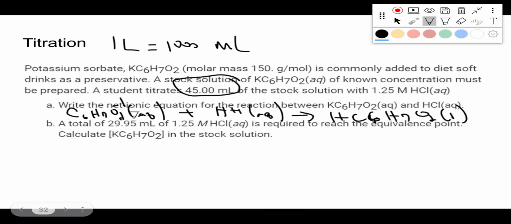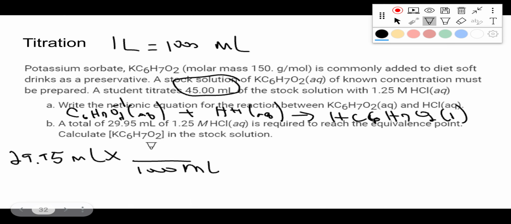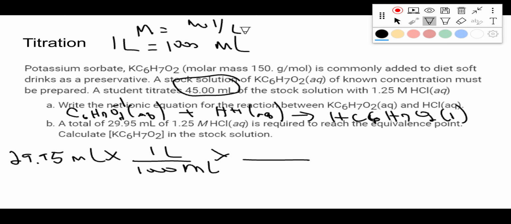And so most of you should be pretty comfortable in setting up any problem for molarity. There's lots of ways that you can do this problem. I'm going to show you 2 different ways. So if I'm going to just start with that 29.95, I'm going to convert using the 1,000 milliliters because milliliters has to cancel in 1 liter. And then once I get to that, the molarity is equal to moles over liters.